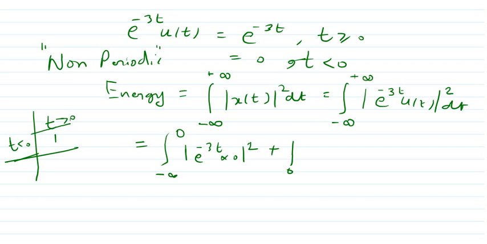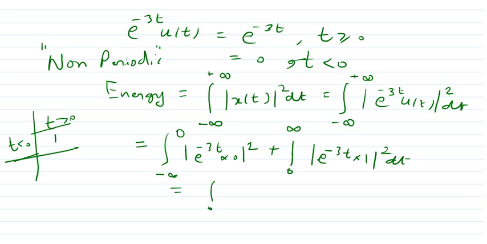From 0 to infinity we have e raised to the power minus 3t into 1 square dt. So finally, we can solve this integral.